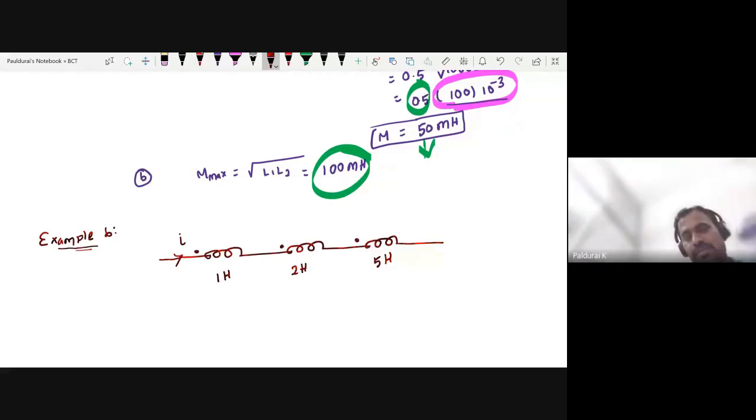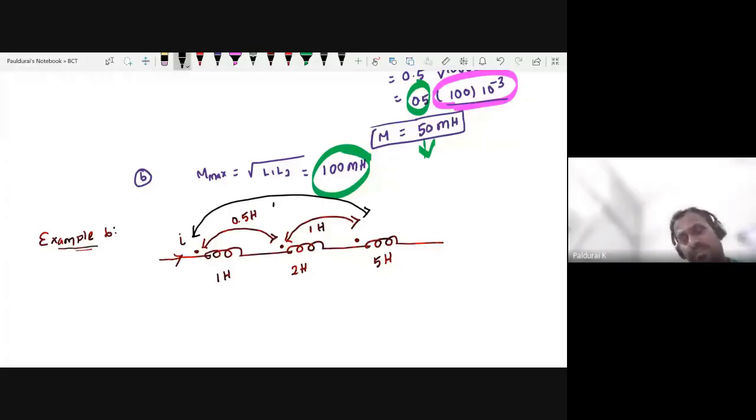Here current is entering. Here also entering. Assume all are entering. So between 1 and 2, it is 0.5 Henry. Between 2 and 3, it is 1 Henry. So between 1 and 3, it is 1 Henry.